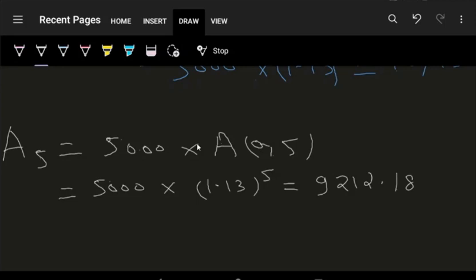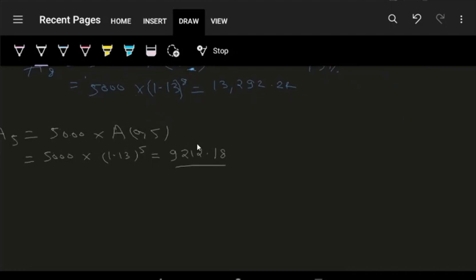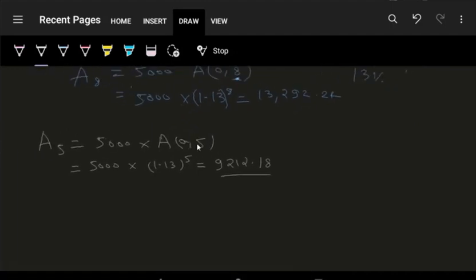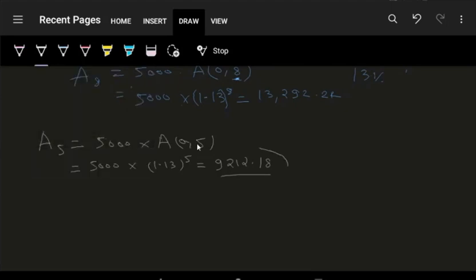Now what I did, I invest this amount again for 3 years. It is just like the case in simple interest where we reinvested the amount again. So in this case, I am reinvesting this amount again for 3 years.